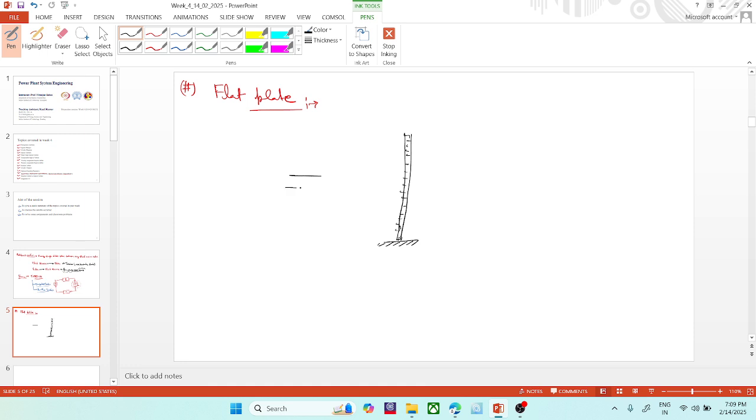Jet is coming from here and goes like this. So this is some sort of fixed plate.